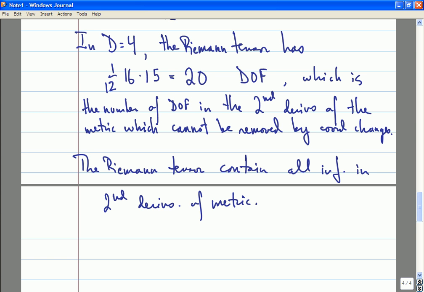And then of course the second derivative of the metric doesn't transform as a tensor under coordinate transformations. So it doesn't have any coordinate independent meaning. But then you could start asking what things you could add to it which would make it into a tensor. And my claim is that this would be a purely constructive way of building up the Riemann tensor.